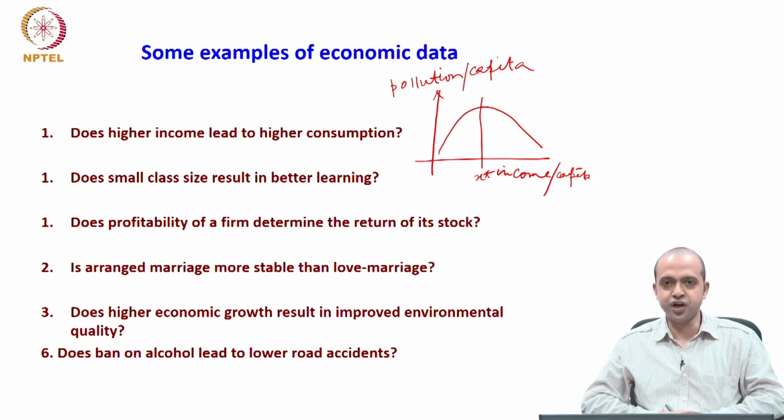So, both these data are economic data, and the econometrician will analyze the number of road accidents pre and post banning alcohol, or we may also collect road accident data from several states or several districts of a particular state, and all the districts might be having different levels of regulation in terms of banning alcohol or not, and then we can analyze the data to come to a conclusion, so that we can say whether banning alcohol actually leads to a lower level of road accidents or not.